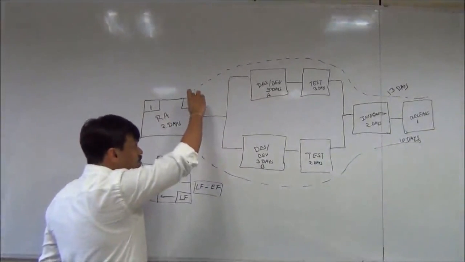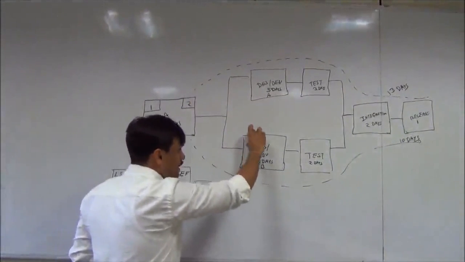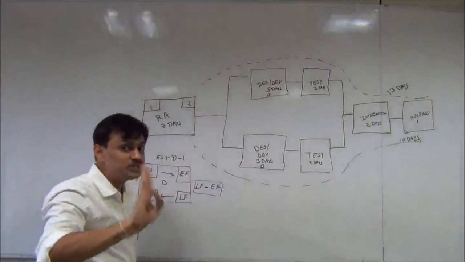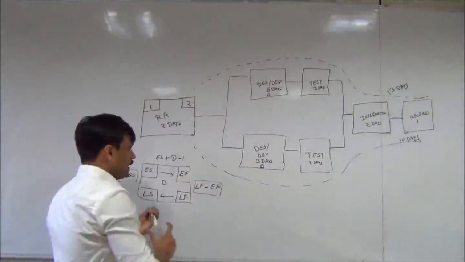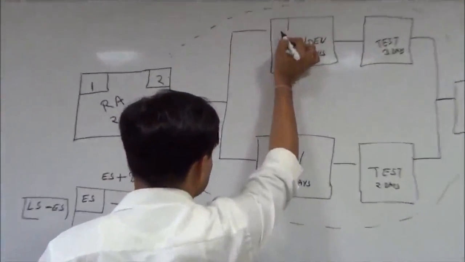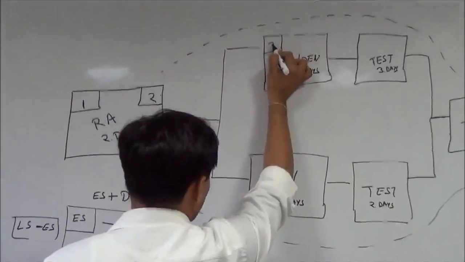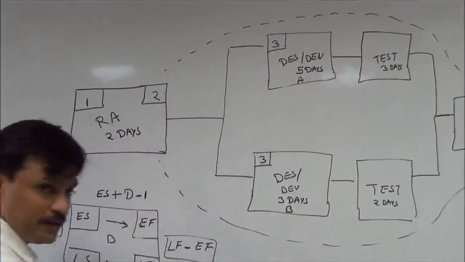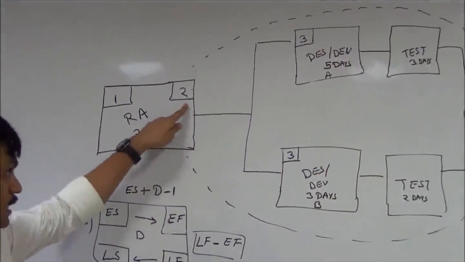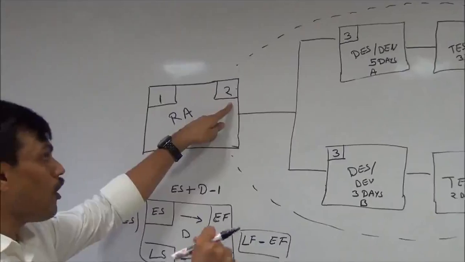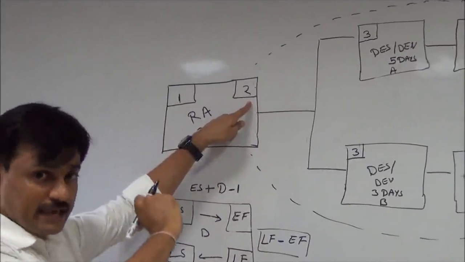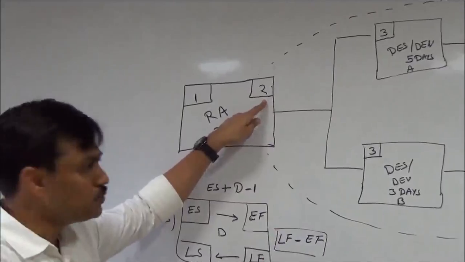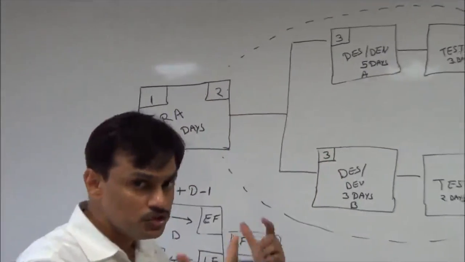This early finish time is 2 days, so both these activities cannot start before day 3. So our early start day for these two activities is 3. How did it come? The early finish date of the preceding activity plus 1. It finishes on day 2, so they both can start on day 3.